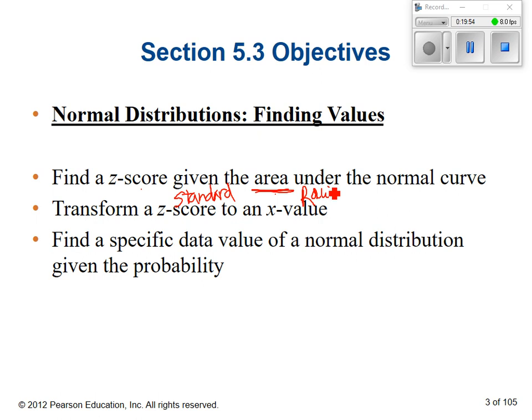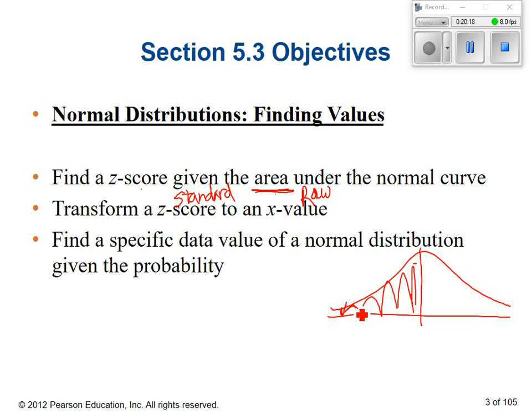So transfer a z-score to an x-score, a raw value. Find a specific data value of a normal distribution given the probability. So in other words, again, we're going to be looking at our normal curve. They're going to say, what's the z-score that goes with 50%?